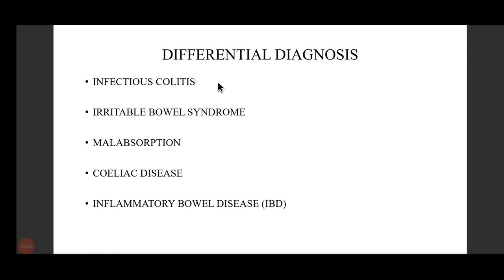There is no pathological abnormality which can be detected. The patient will only present with these vague symptoms, and you will not be able to diagnose IBS because you can't see anything on pathology.